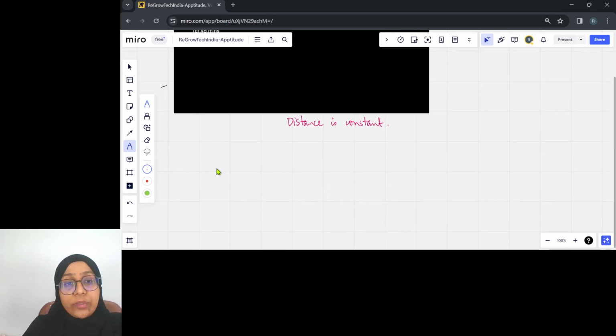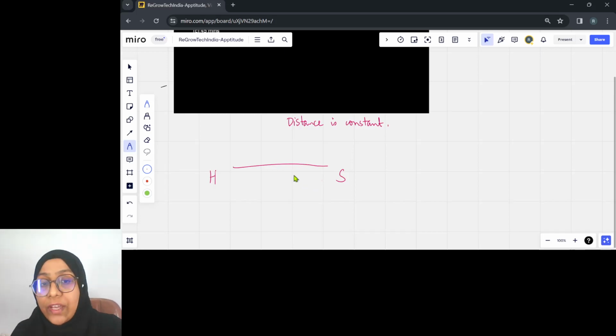Now, let's imagine your home and your school is at a certain distance we are unaware of. You take a speed of 10 kilometers an hour, with which you take about 2 hours to reach school. Okay. Now, what is the distance between your home and school?